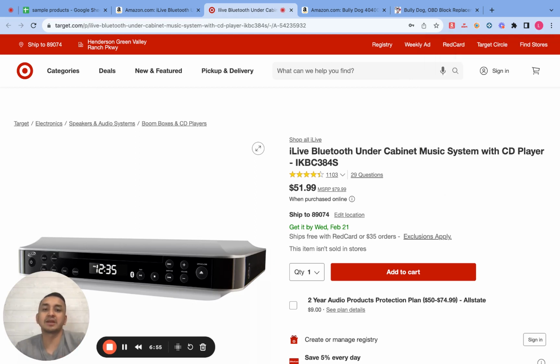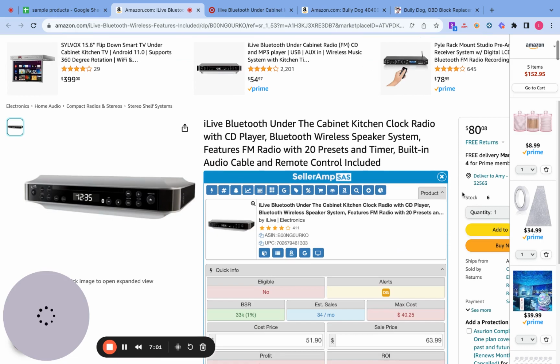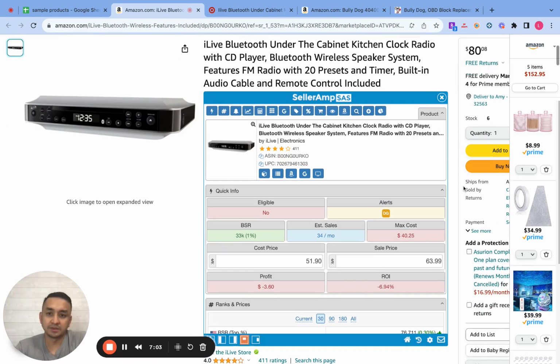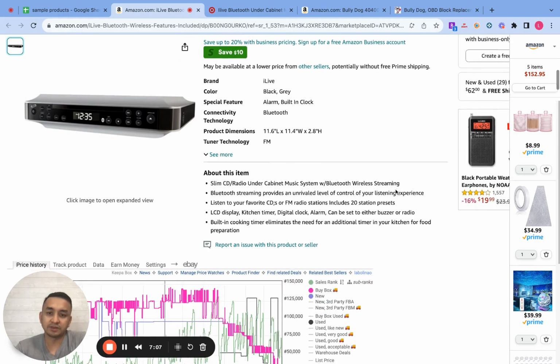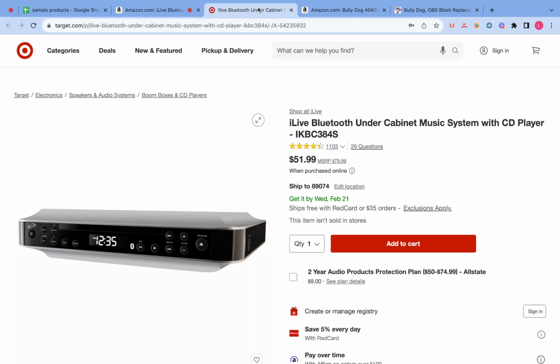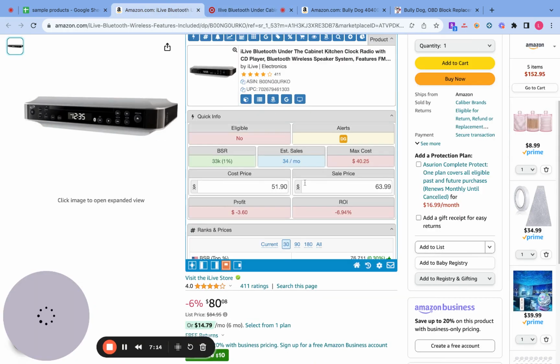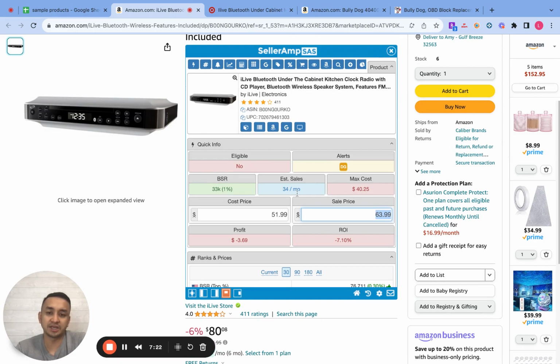Okay, next one is an iLive Bluetooth under the cabinet music system. Let's see if they match. Looks like they're matching. So let's plug in the price. $51.99 is the price of the product. The sale price is $63.99.